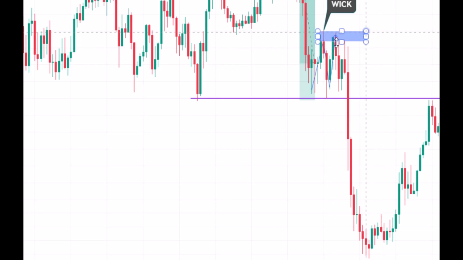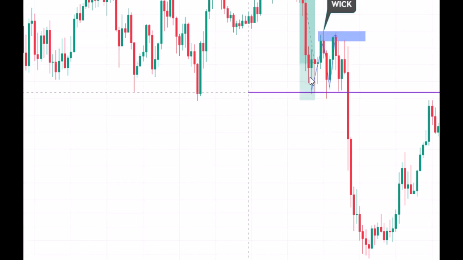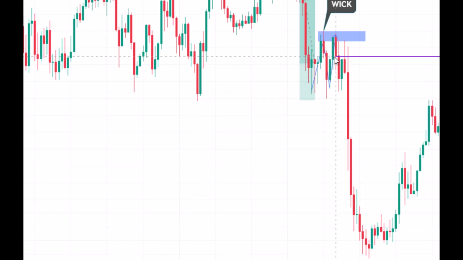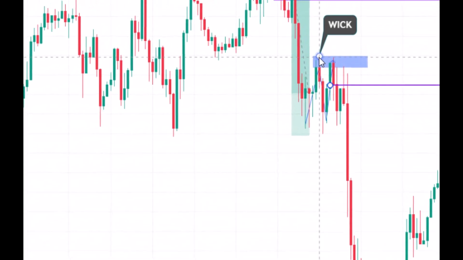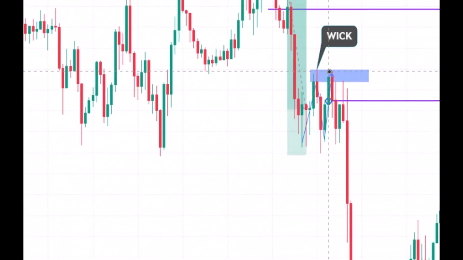You don't want to see a candle closing above that level of what? Wick or resistance level. Instead, you want to see price trading into that level and close below. Here, where did that price close? It closes here. As price traded through that level of wick at our level of resistance, what happened? The next candle, it gives us a bearish candle closing at this price level.